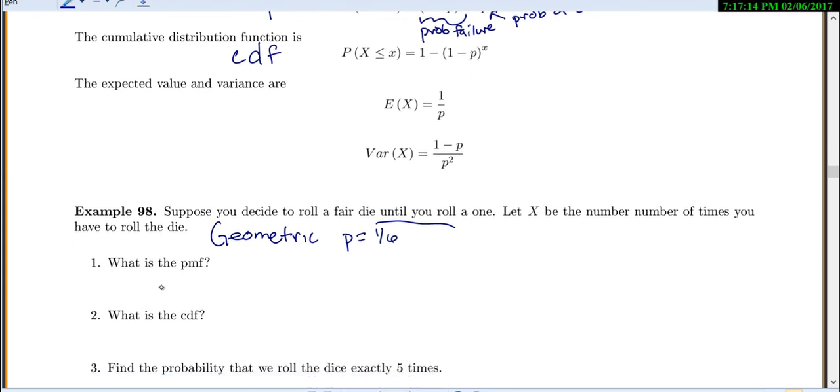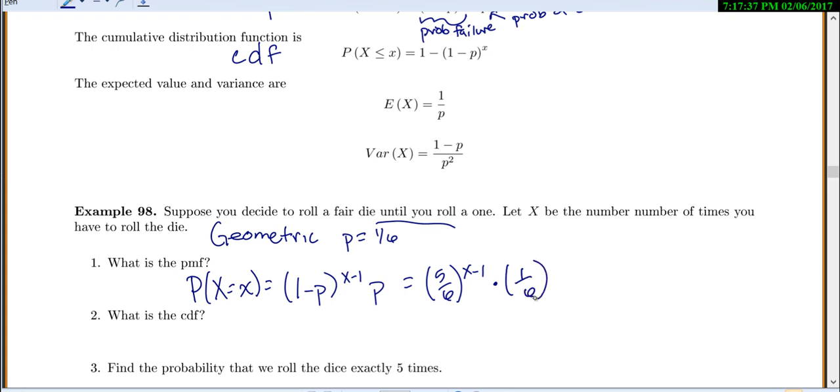So first, what would be your PMF? So probability that X equals some specific number x. The general formula is (1 minus p) to the power of x minus 1 times p. So in our situation, 1 minus 1/6 will be 5/6 to the x minus 1 times 1/6. And so that's going to be our PMF.